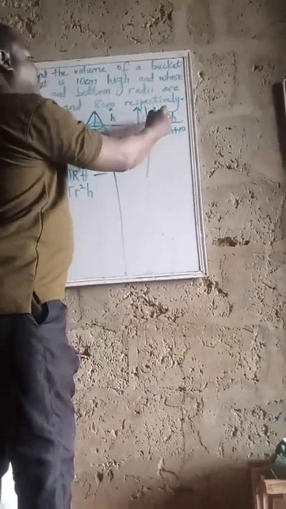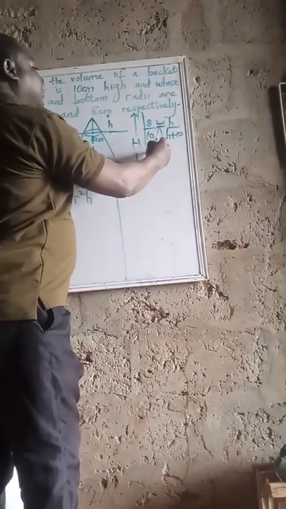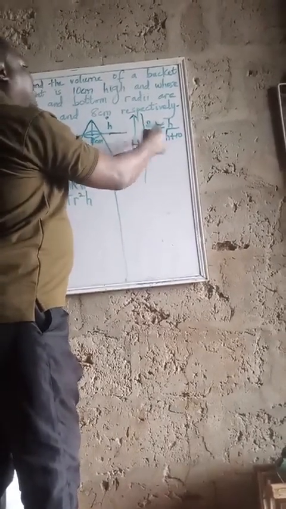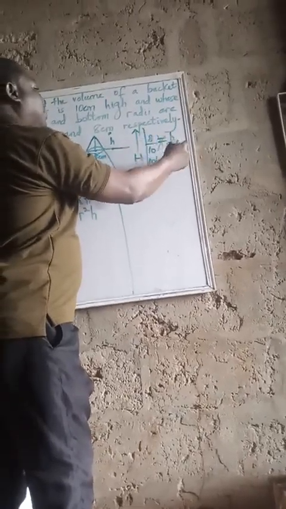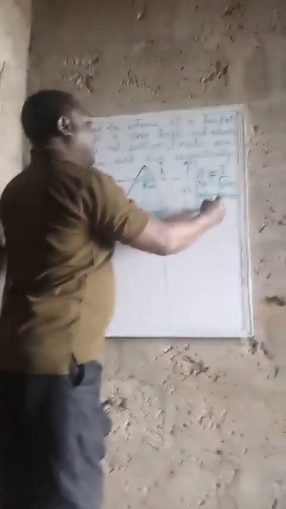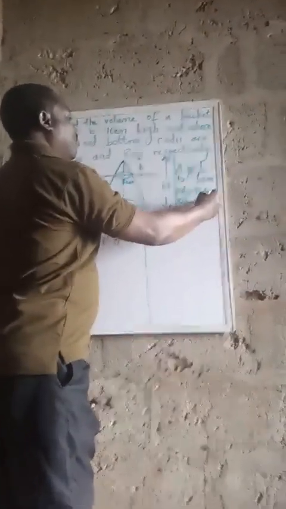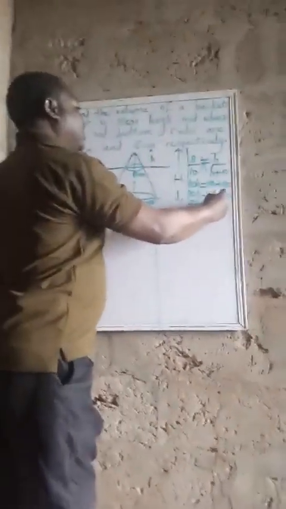Now if you cross multiply, you have 10 times h, that is 10h, is equal to 8 times h, that is 8h, plus 8 times 10, 80. Then collect like terms. 10h minus 8h is equal to 80. So 2h is equal to 80.